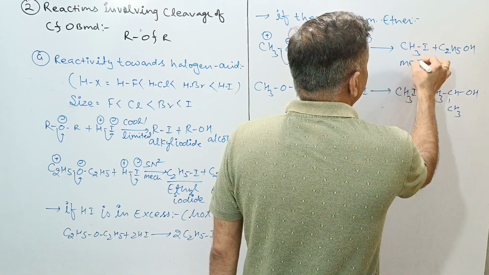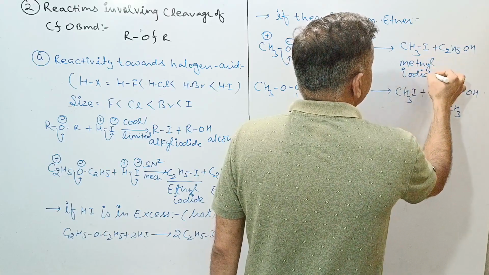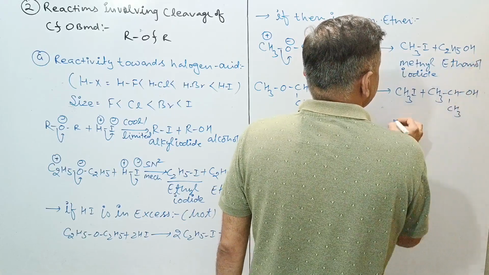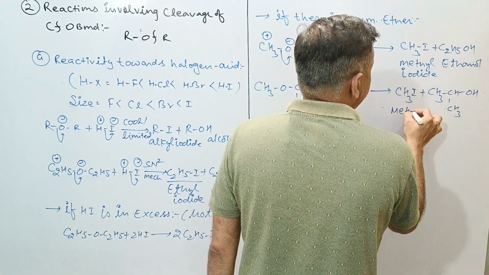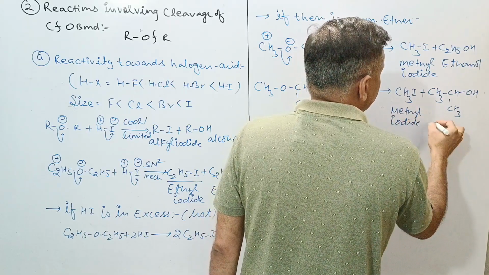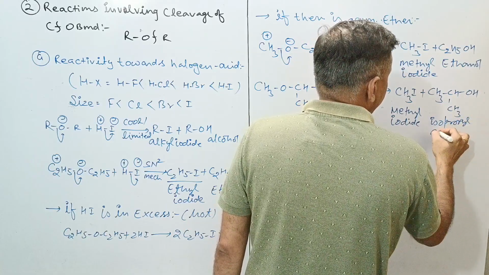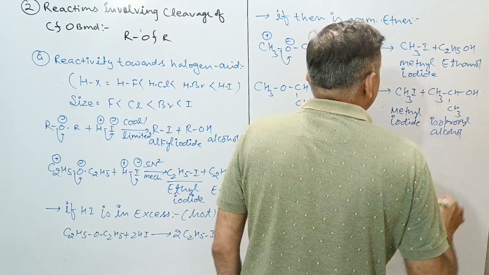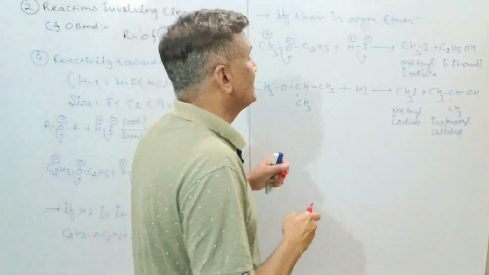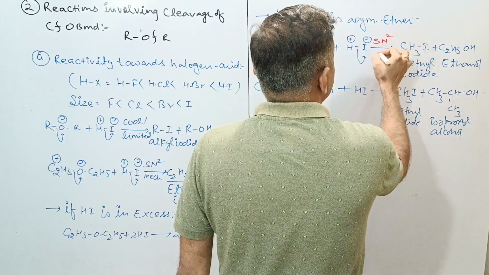This is methyl iodide, and this is ethanol. Same methyl iodide, and this is isopropyl alcohol. This was about the asymmetrical ether. Again here the two mechanisms will arise.